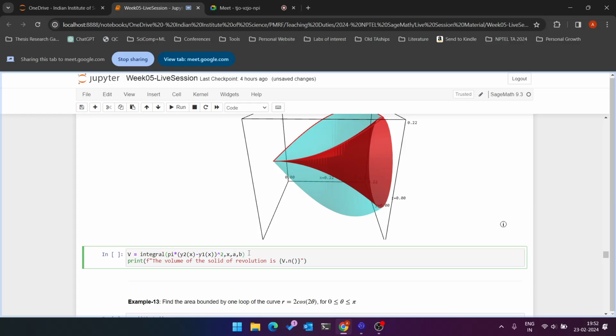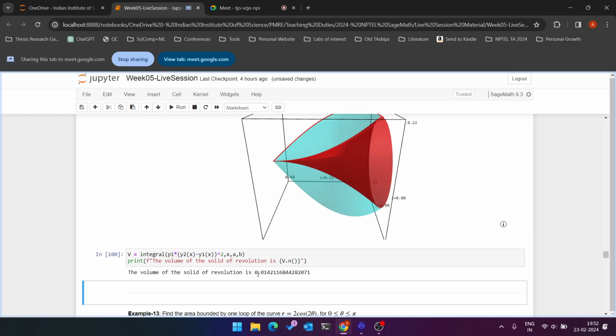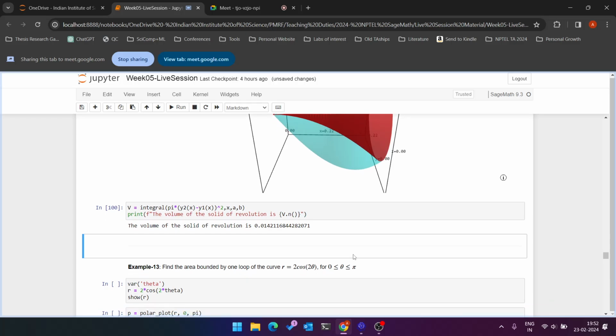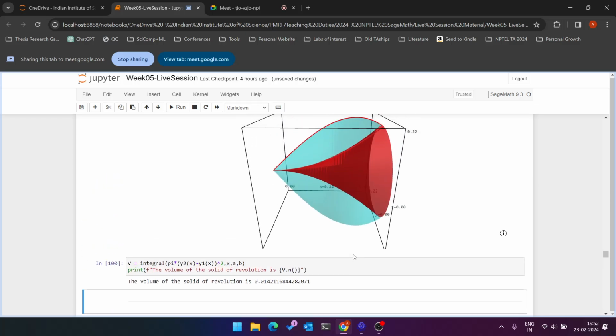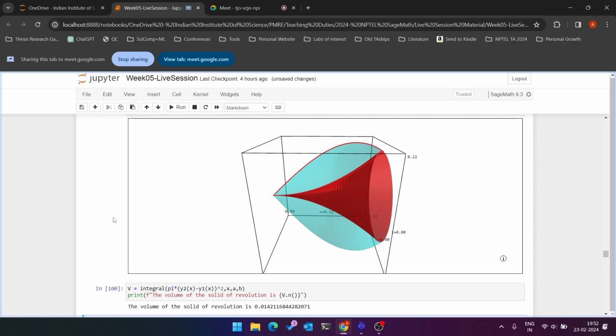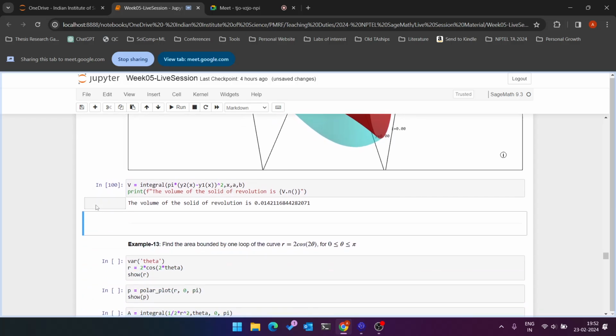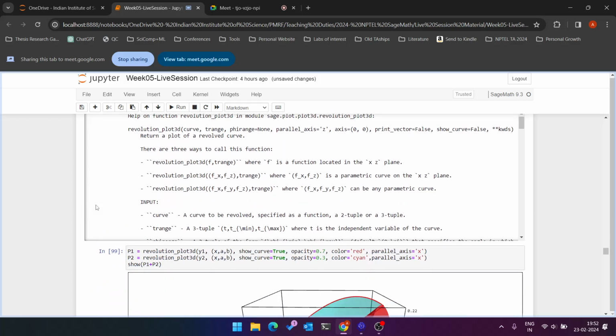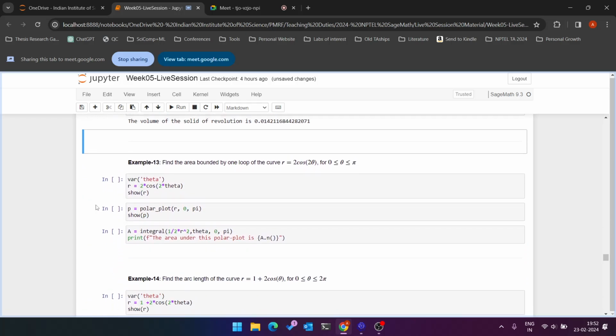Once I do this, my volume of this solid of revolution turns out to be 0.014. This is how you can calculate the area as well as volume.